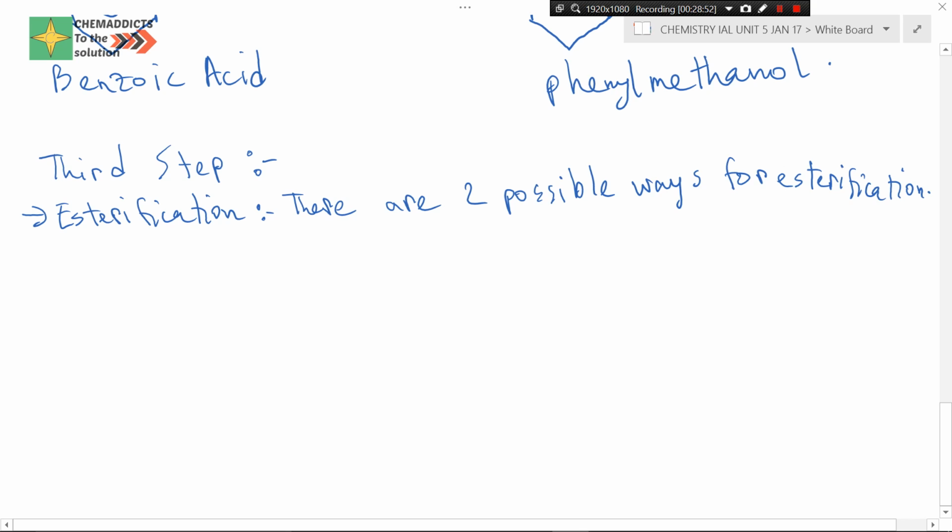Let's talk about the first: reacting aromatic carboxylic acid with aromatic alcohol. Basically, reacting organic acid with aromatic alcohol.